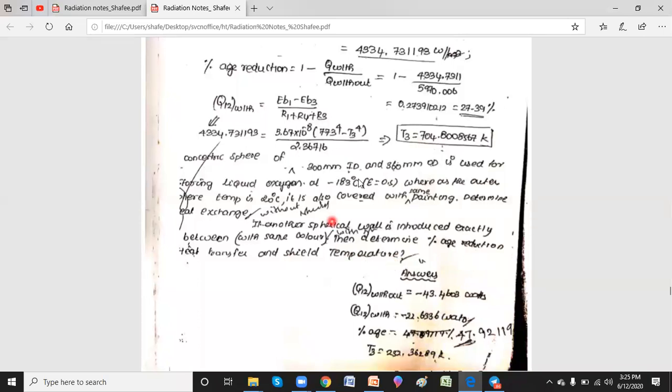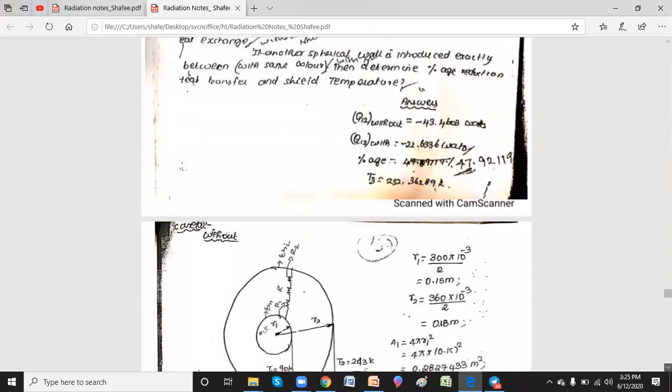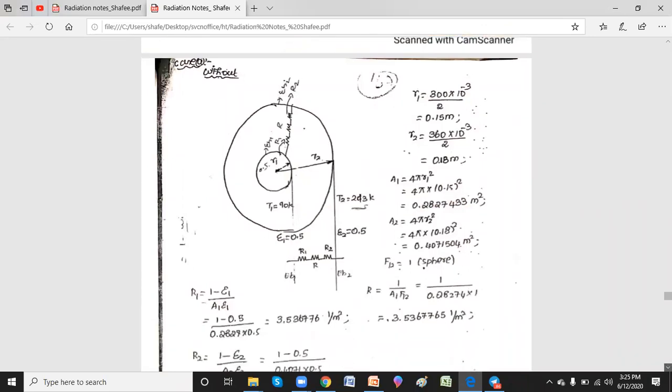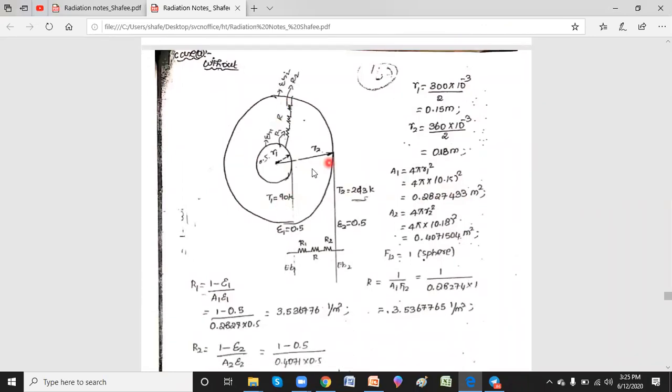It's a similar thing, the only difference is that previously I discussed parallel planes, and now he has taken concentric spheres. Now just see the solution, you can easily understand. This is how the concentric spheres look.